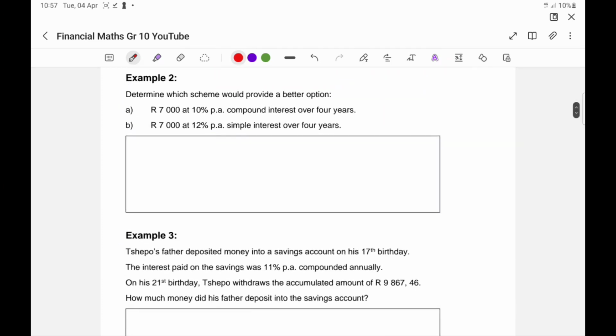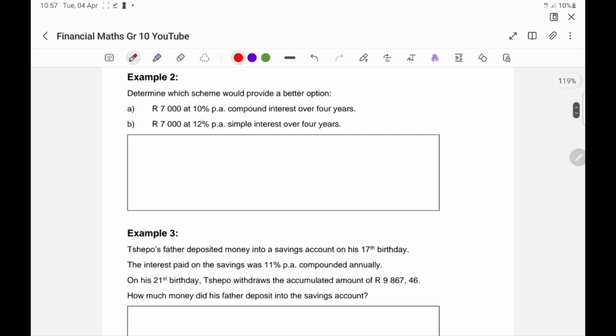Okay. Example 2, determine which scheme would provide a better option. Either A, 7,000 at 10% per annum compound interest over 4 years, or B, 7,000 at 12% per annum simple interest over 4 years. Can you see that because this one is simple interest, they've given a higher rate than the compound interest over there.